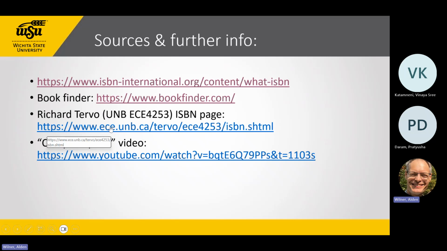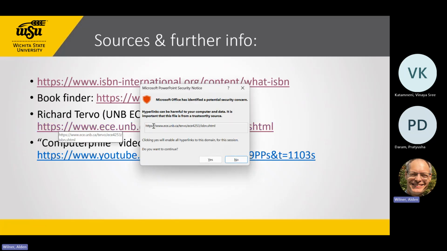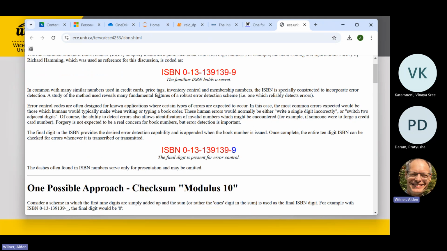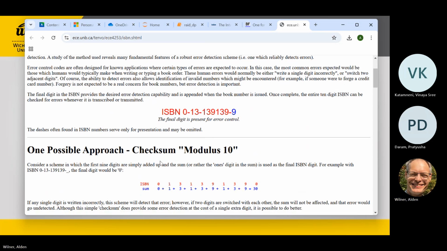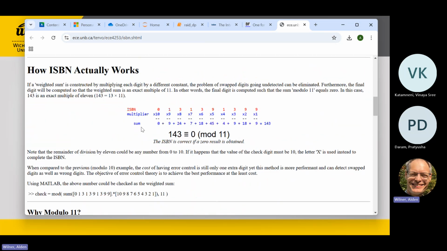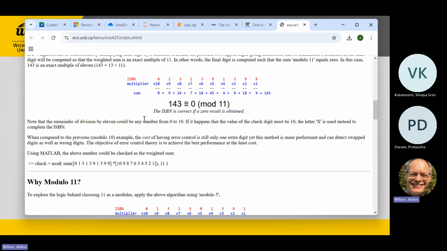This fellow Richard Terriveau, University of New Brunswick, has a page on ISBN where he does calculations, talks about how it works, and talks about the 13-digit ISBN as well. He goes into a whole bunch of stuff on there.